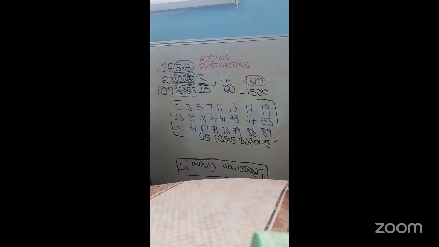So this would be 10, this would be 100, and that would be 1,000.